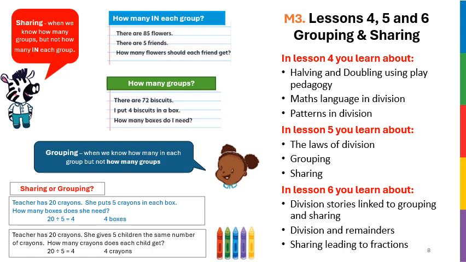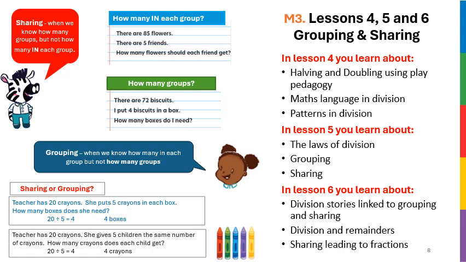For example, if 3 children were sharing 4 chocolate bars, they could each get 1 chocolate, and then they'll have to share that 4th chocolate by breaking it into 3 equal parts.